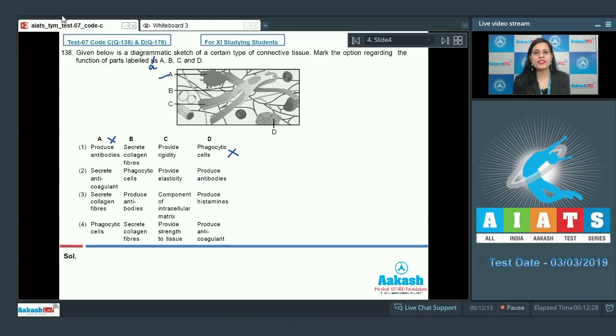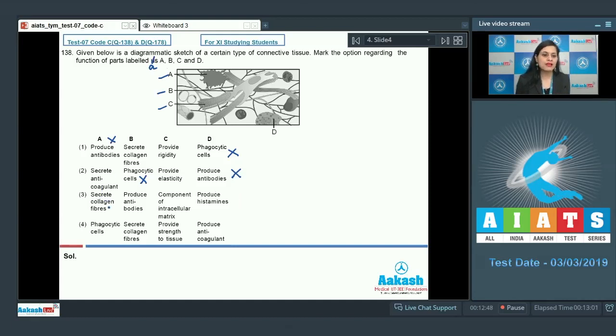And as these functions are incorrect with respect to the labeled structures, so this cannot be a correct answer to our question. Because A represents macrophages and they perform the function of phagocytosis, B represents fibroblasts and they are not phagocytic in nature, C are collagen fibers and they provide strength to the tissues, and last is mast cells and they produce histamine, heparin and serotonin.